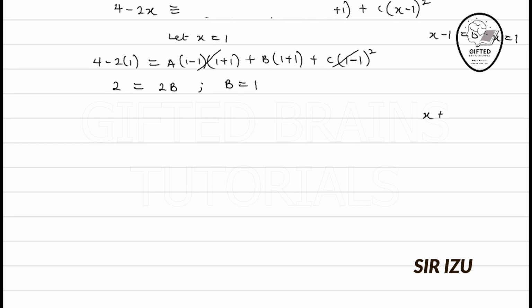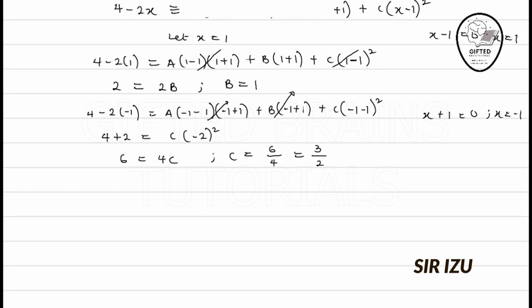And when we equate x plus 1 to 0, we have x being equal to minus 1. And so if that happens, we have 4 minus 2 into minus 1 being equal to, substituting minus 1 again, we would have, so putting x as minus 1 into the right hand side will give us what we have now. And then further simplifying will give us c to be 3 over 2.